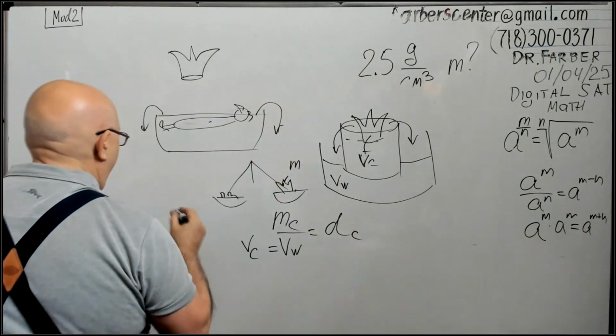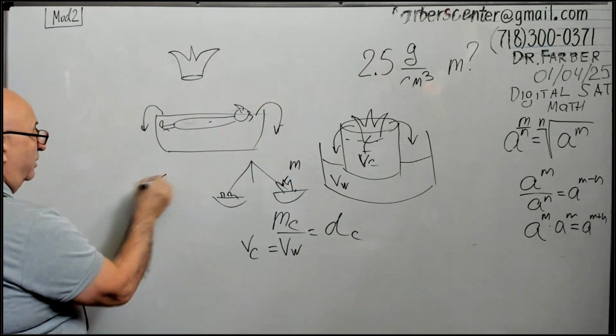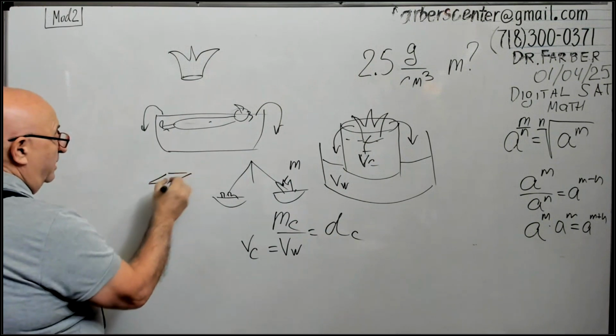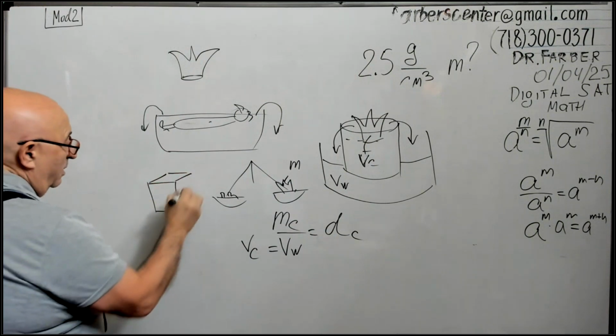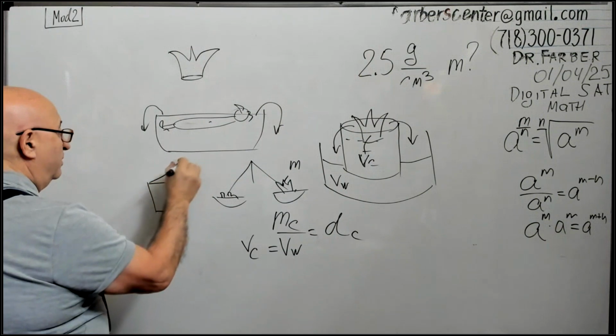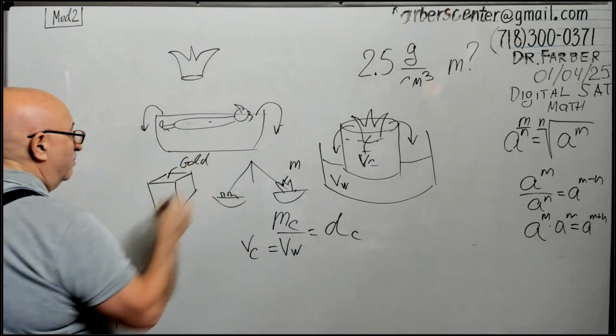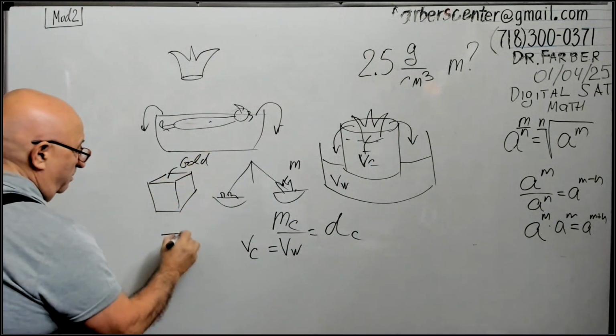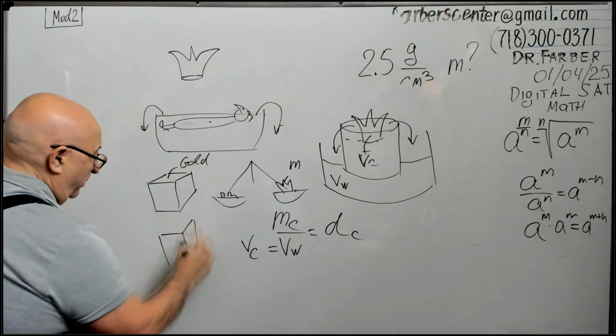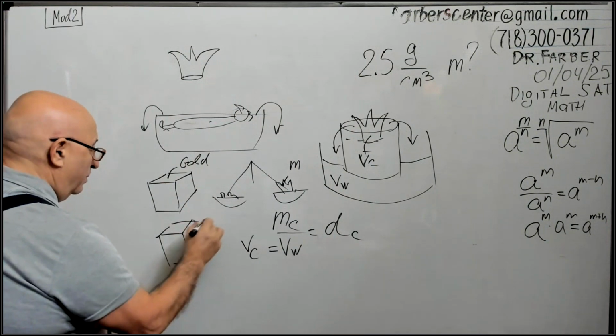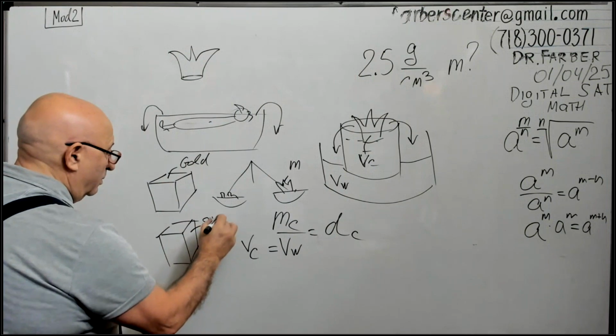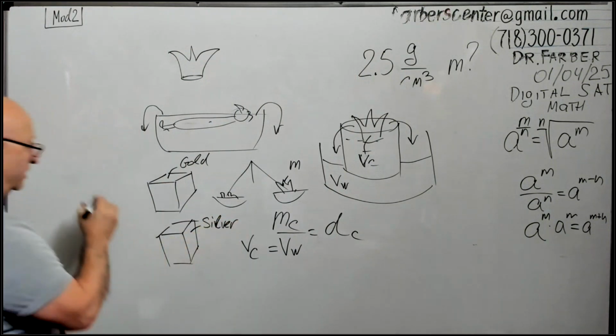Preliminary, he took a cylinder, or actually not a cylinder, he put two prisms. One prism is gold, one prism is silver. And let's put the next one, iron.